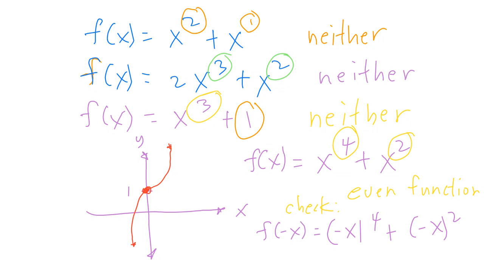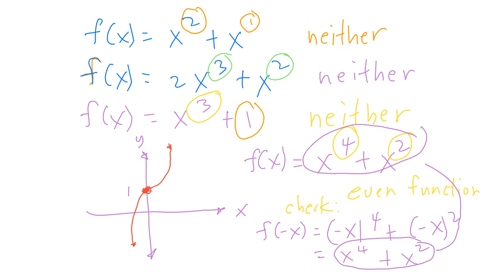So it should be positive, right? Negative times negative times negative times negative is positive. So that should be x to the power of 4 plus the same thing here: negative x times negative x is the power of 2, which is positive also. As you can see, they are just the same as the original equation. So that's why our answer is an even function.